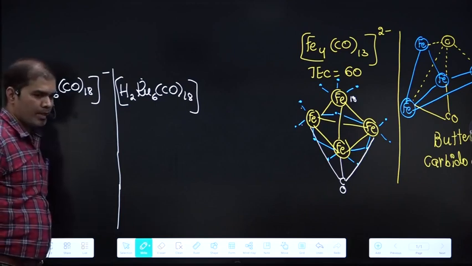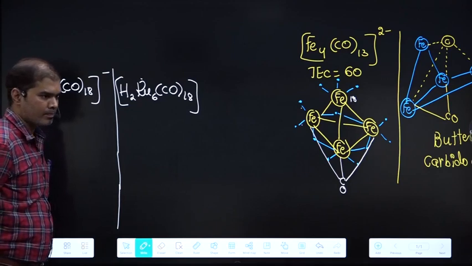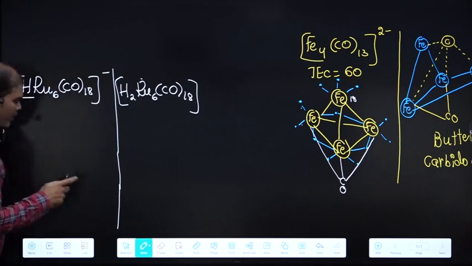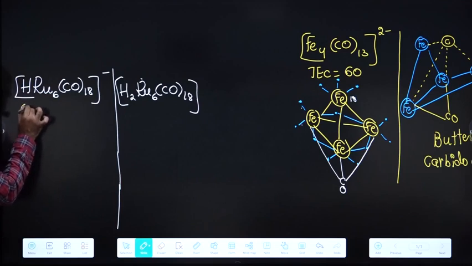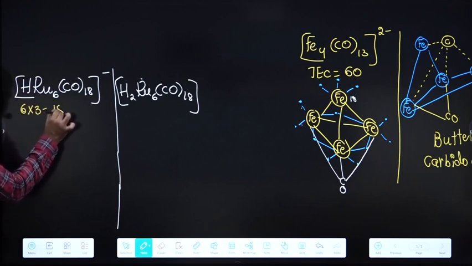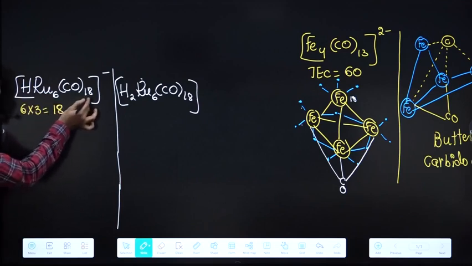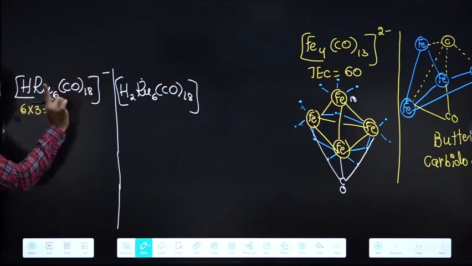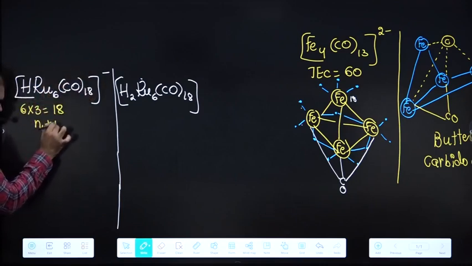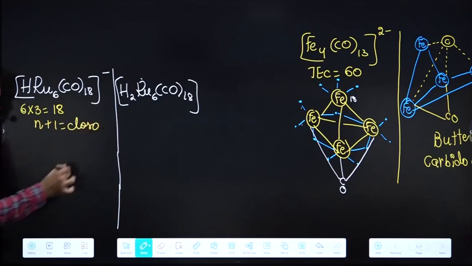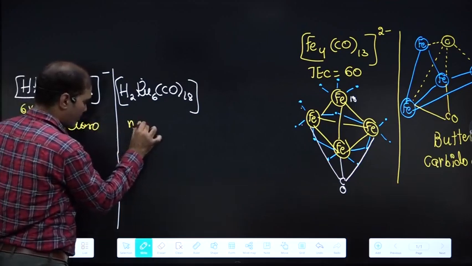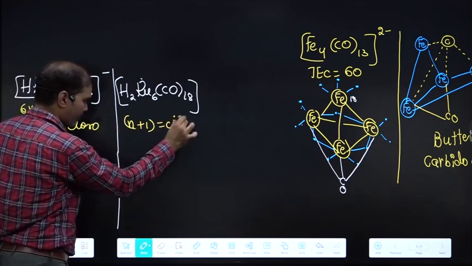Is it closo, pseudo or arachno? You can go by the factor also. 6 into 3 is 18. How many pairs of electrons? 18. Hydrogen and negative charge will become 1. So n plus 1, it has to be closo. Same is this, n plus 1, closo.